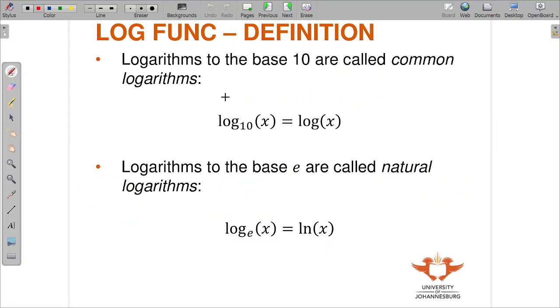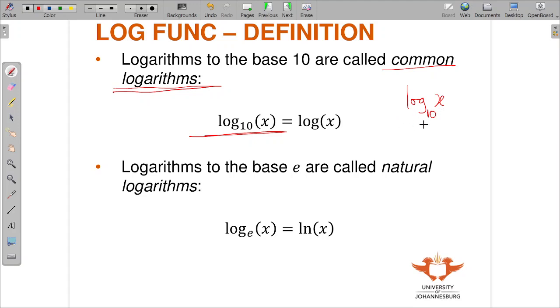Sometimes we have the common logarithm, which is base 10. Anytime we write log without the base, just know that it is in base 10. Please don't forget that.